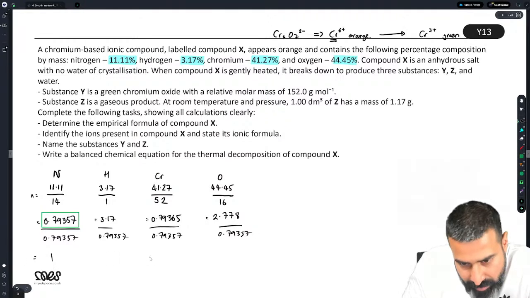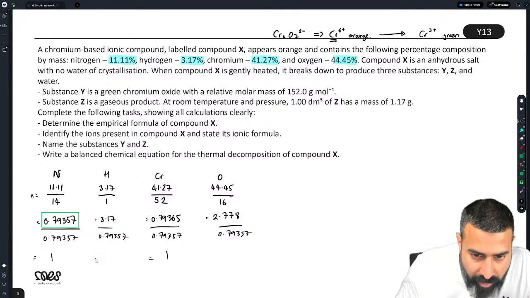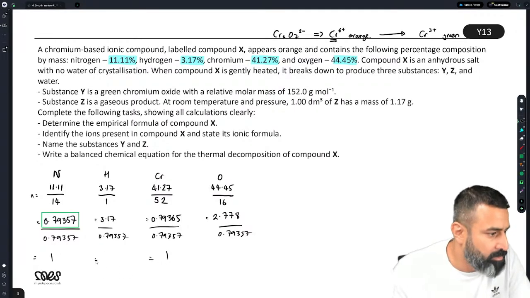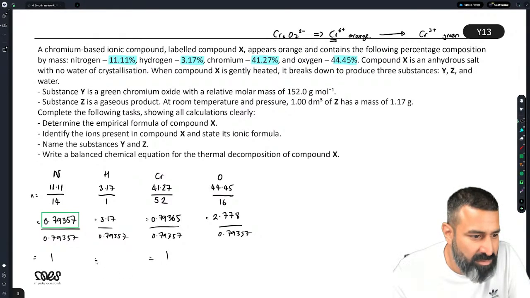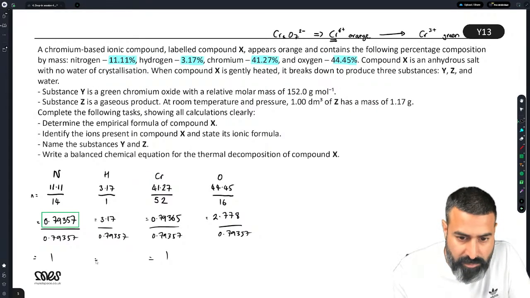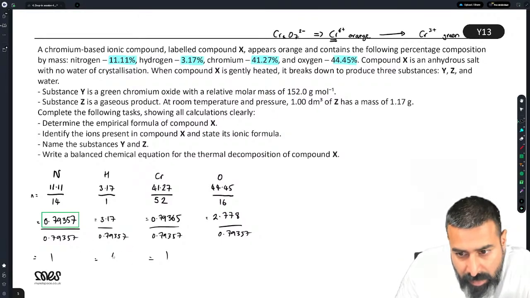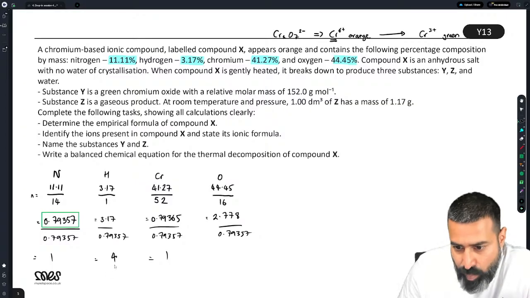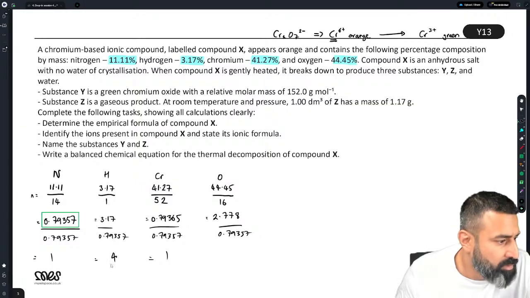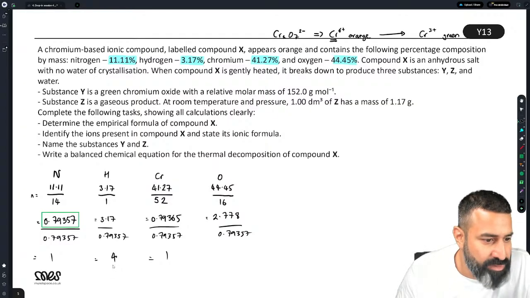So that's going to be 1 and that's going to be 1. Okay, what's my hydrogen ratio then? Is that 4? I've got no idea. Yeah, close enough to 4. Okay, and then what's my oxygen? Does my oxygen work out as 3?